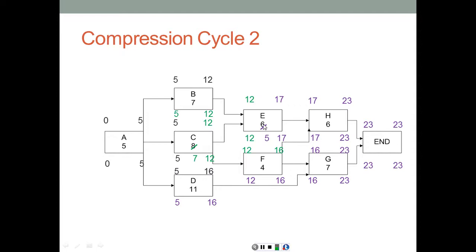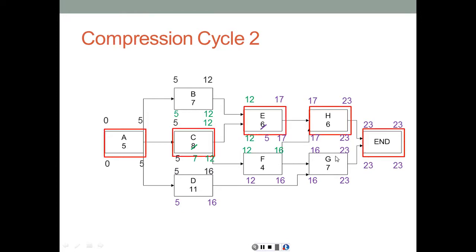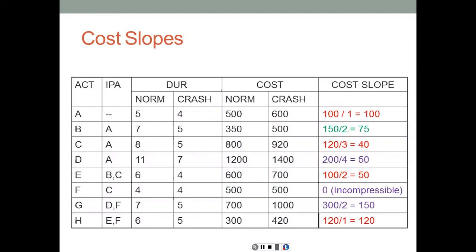So basically we can compress E and G if they are less expensive than other options like activity A, for example. Activity A is a joint activity, so by compressing A, you're going to compress the whole network. So now we have a whole network as a critical network.